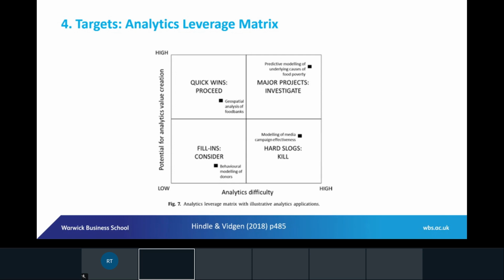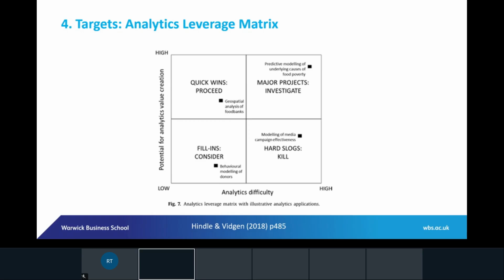They undertook an analysis of the organisation using the business model canvas and some other approaches. And then they developed this analytics leverage matrix to help the Trussell Trust think about which projects it should consider getting involved in to develop its analytics capabilities.